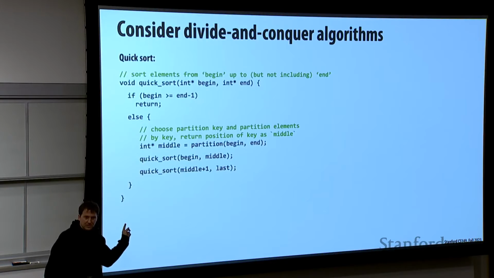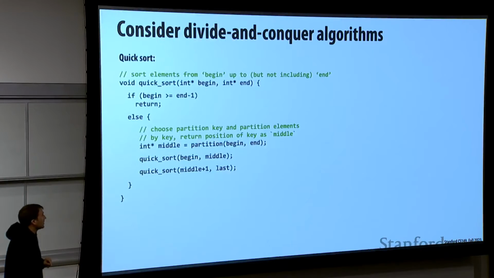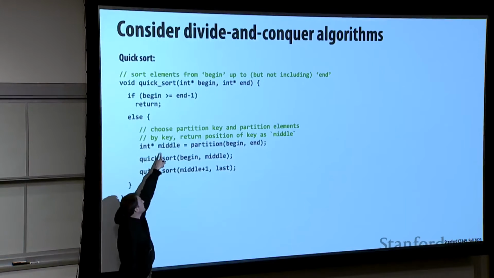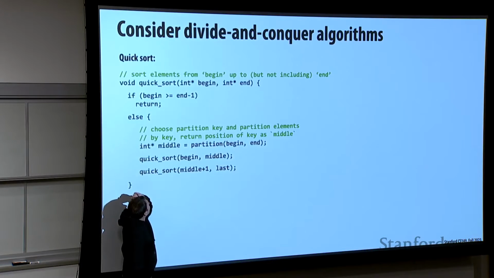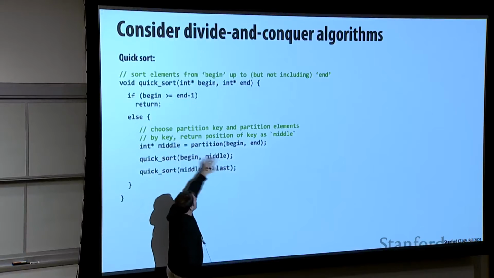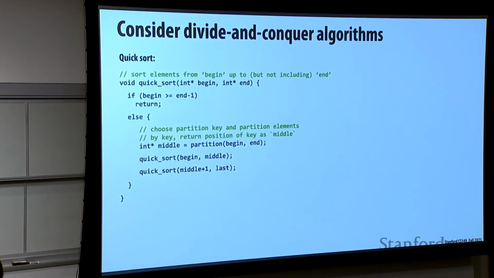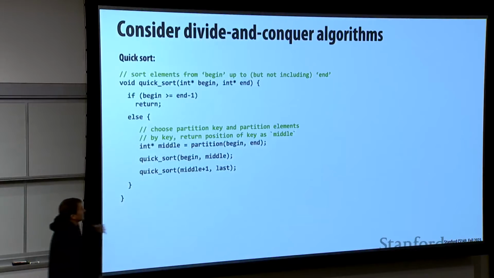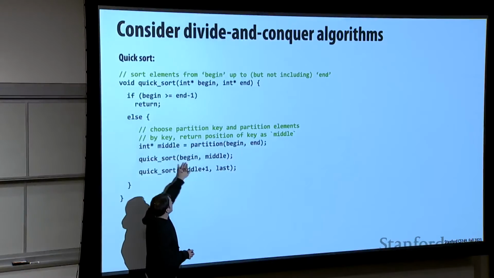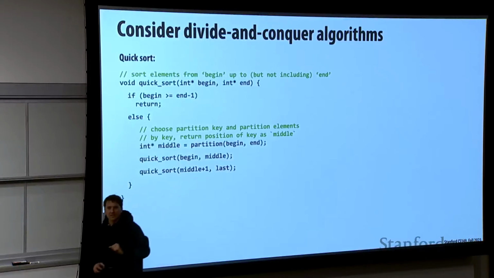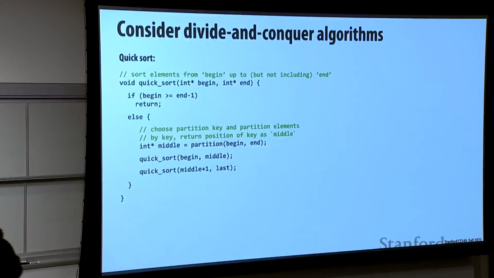And that's what you see here. So the recursive calls to Quicksort. So this partition is picking the pivot and moving everything less than the pivot to the left side of the array, moving everything greater than the pivot to the right side of the array. Now it means that everything on the left side of the array can be sorted, and everything on the right side of the array can be sorted, and recursively we have a sorted array. Okay, just a little review of Quicksort.